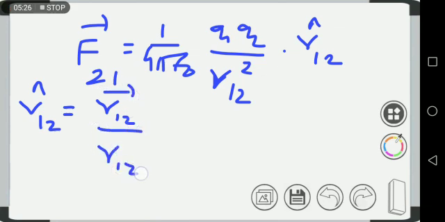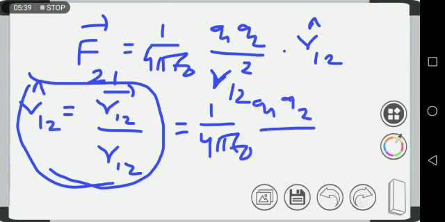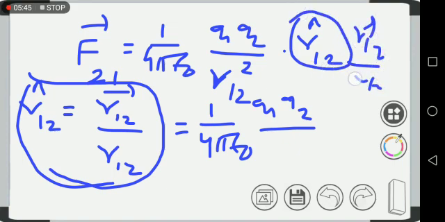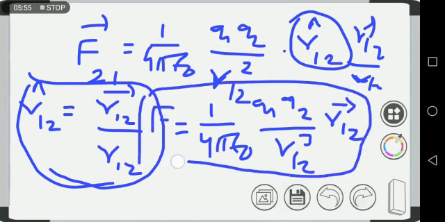We have studied it in first year. So here we substitute and it becomes 1 by 4 pi epsilon naught q1 q2 divided by r12 cube, times the vector r12. This whole is known as Coulomb's law in vector form.